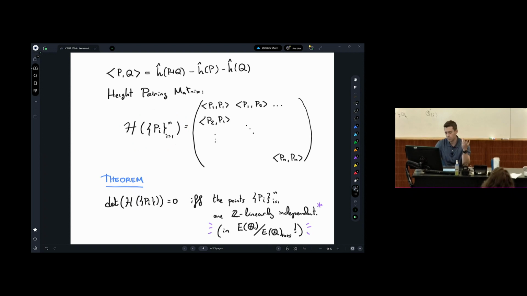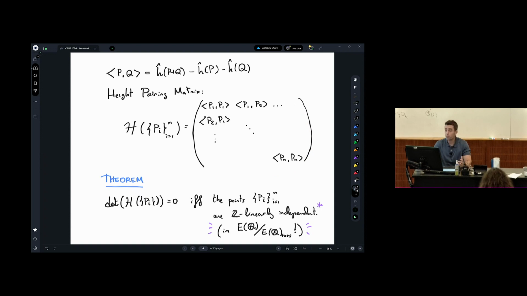This is sometimes called the elliptic height matrix, or I'm calling it height pairing matrix because that is the Magma command. It's HeightPairingMatrix of a sequence of points, and it returns this matrix. Each coordinate is the pairing of Pi with Pj. And notice that it's going to be a symmetric matrix.